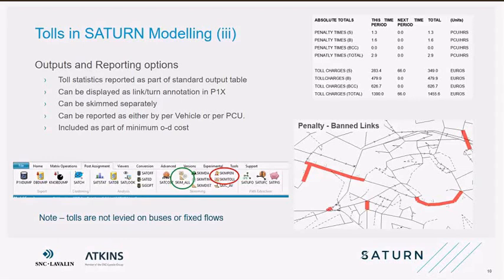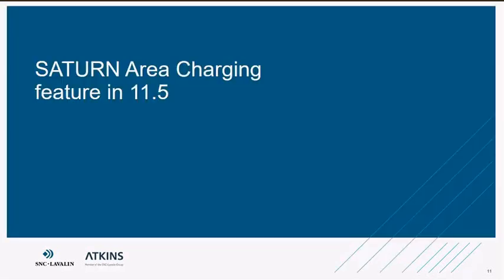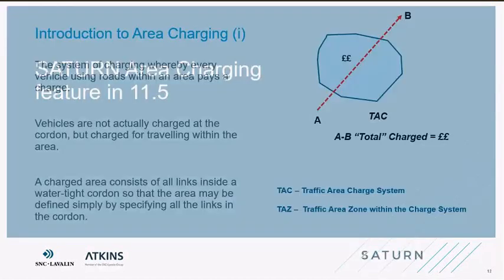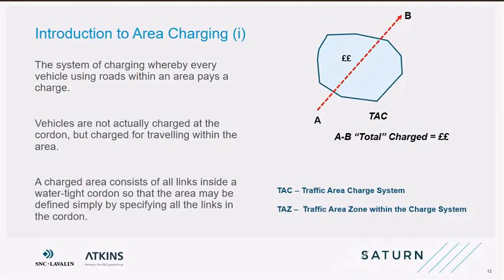So this is what you have in terms of tolls in the existing Saturn software, but in the new 11.5 you're going to see this new area charging feature. Giving a quick introduction of what the feature includes: it's a system of charging whereby every vehicle using the roads within an area pays a charge.